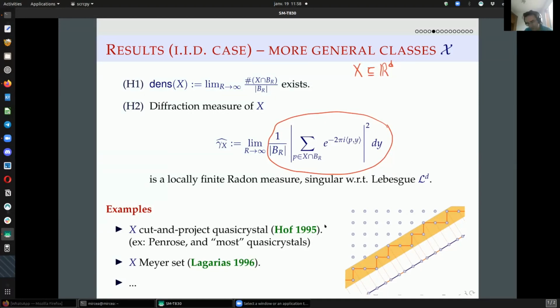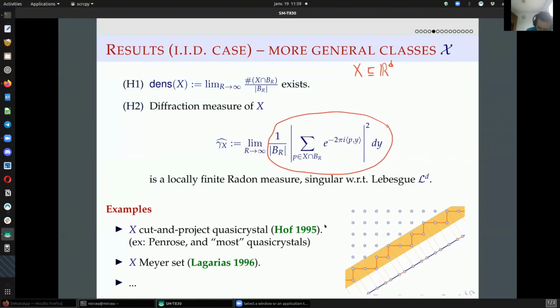And the Fourier transform of the autocorrelation measure is this diffraction measure, which is really what you see in an X-ray of a crystal, depending on the direction in which I'm sending the X-ray, which is given by this y.